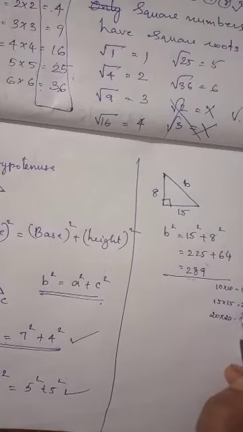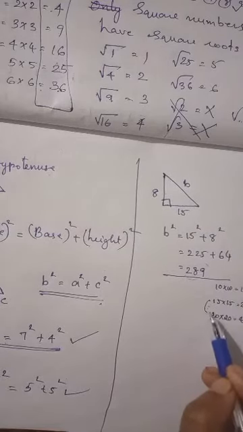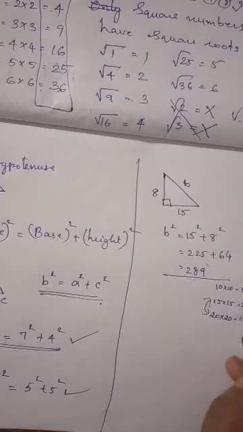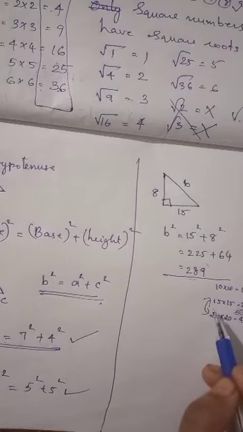So 289 is in between 225 and 400, somewhere here. So its square root is also coming in between 15 and 20.